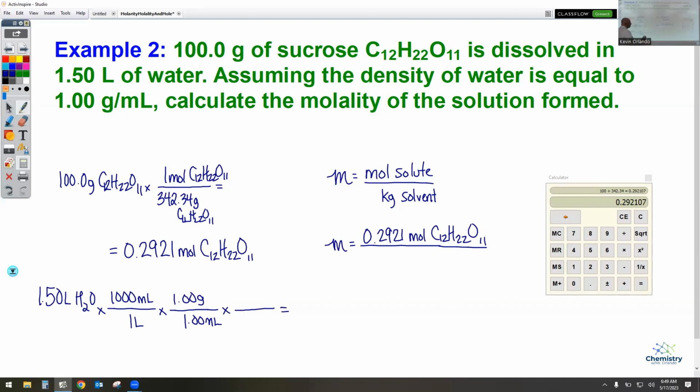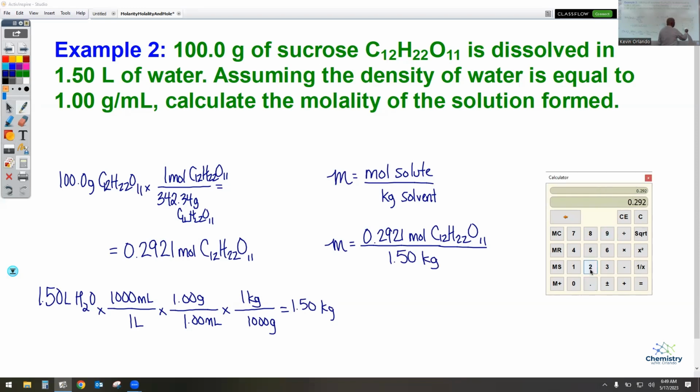And finally, we can convert grams, 1,000 of them, into kilograms to get kilograms of water. Now, if we look at this, we are both multiplying and dividing by 1,000. So our number is not going to change. So the 1.50 liters will translate to 1.50 kilograms.